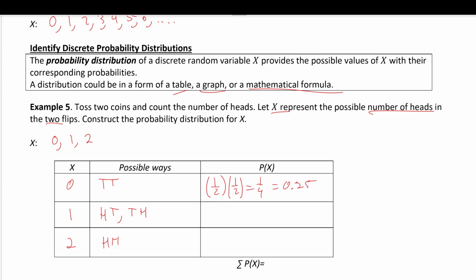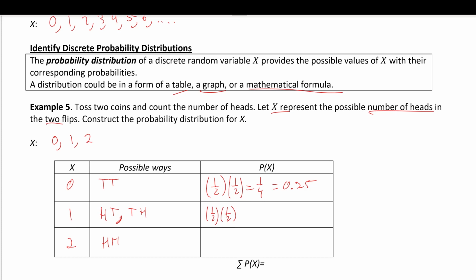Now, this next one, we're saying we can have a heads and a tails, or a tails and a heads. I specifically said the word or because we know that in or probabilities we're going to be adding. So the probability of getting a heads and then a tails: the probability of either getting heads or tails is 1/2, so 1/2 times 1/2, that's heads, tails.